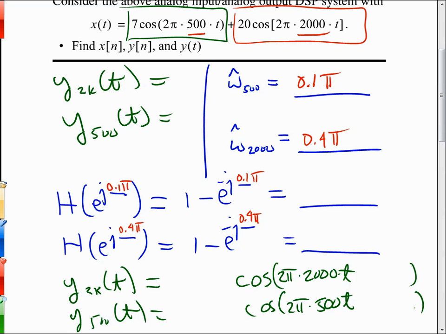Yeah, for the polar form. Just got 1.17. This is for the 0.1 pi, right? No. Well, for the 0.4 pi? Yeah. Okay. 1.17 times e to the 0.925j.